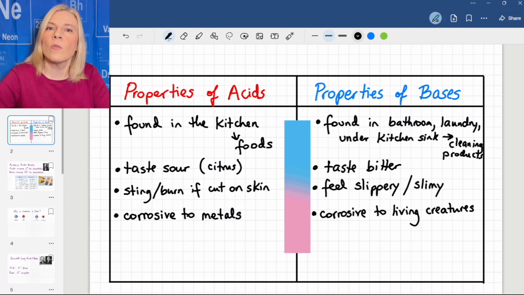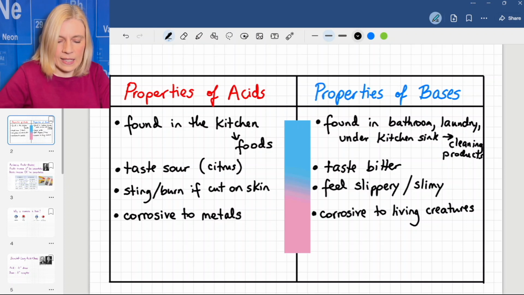So bases are corrosive to living tissues. When you wash your hands with soap over and over, especially in winter, your hands get really dry. Soap is not doing good things to your skin cells. So this is why we have such an aversion to bitter taste, because bases are not good for us.